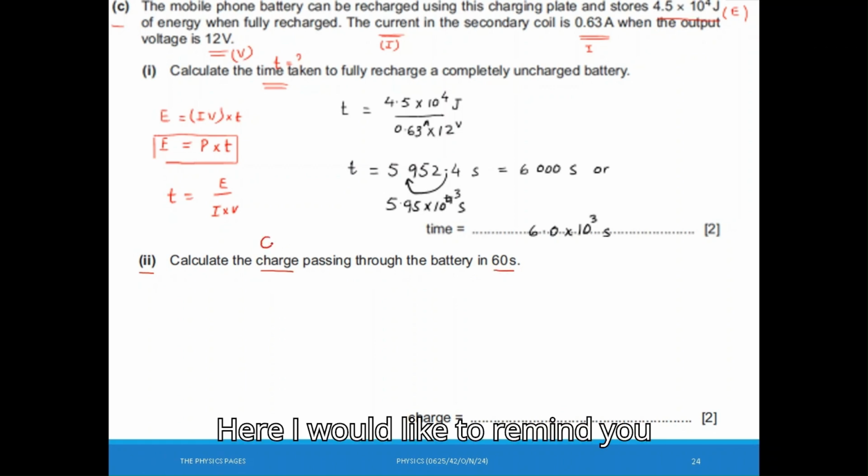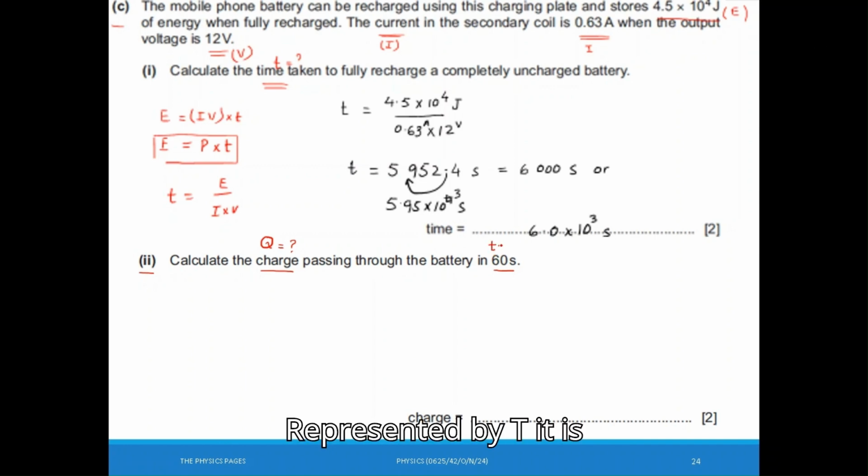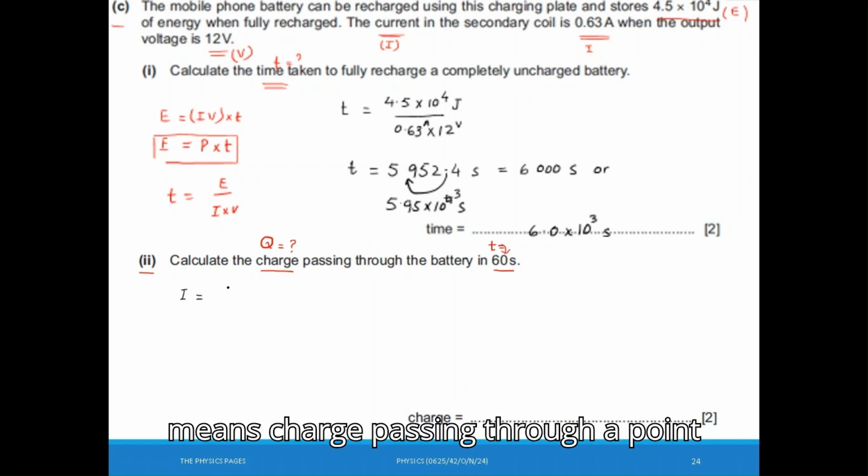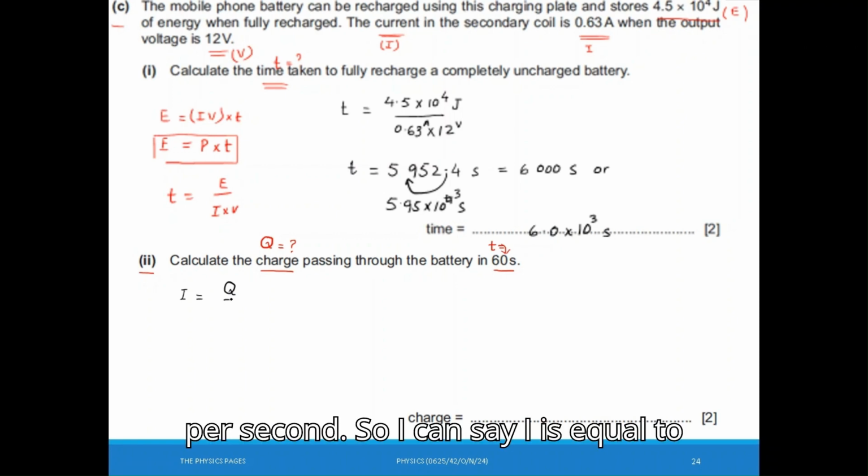The second part of the same question is: calculate the charge passing through the battery in 60 seconds. Here, I would like to remind you charge is denoted by Q, that is unknown for us, and the time represented by T is 60 seconds. To solve this problem, I will use the definition of the current. Current I is known as rate of flow of charge, meaning charge passing through a point per second.